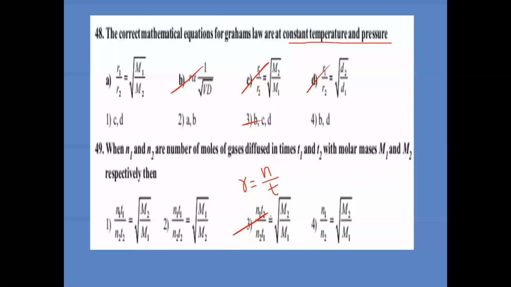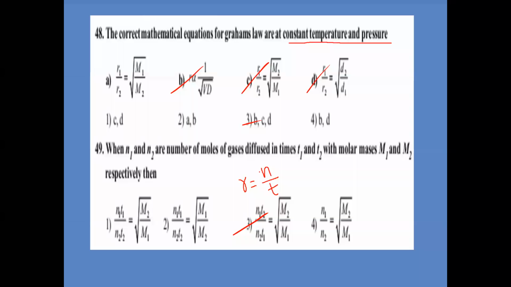In the general formula for R1 by R2, in place of R1 we write N1 by T1, and in place of R2 we write N2 by T2. So we get N1 T2 by N2 T1 equals under root M2 by M1. Rate of diffusion of a gas is defined as how many moles of the gas diffused in how many seconds.